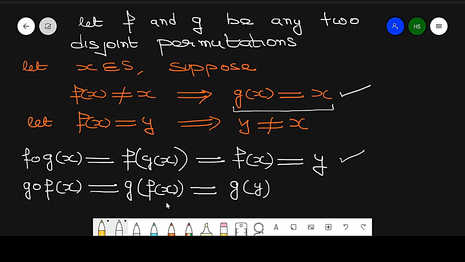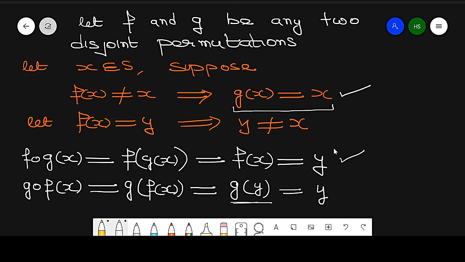Similarly G of Fx is G of Y. Again this value is equal to Y, because G fixes the value, since F of X equals Y. So both are equal.